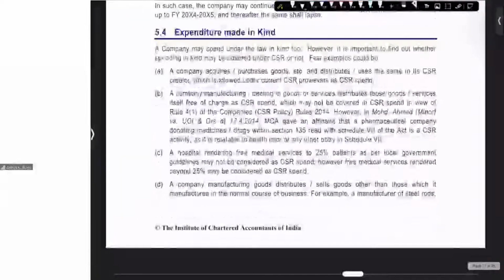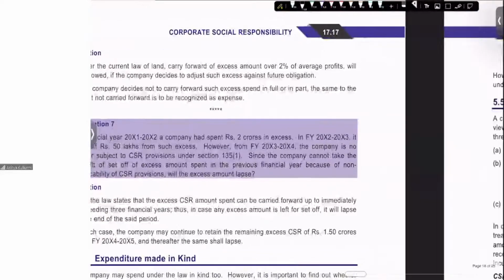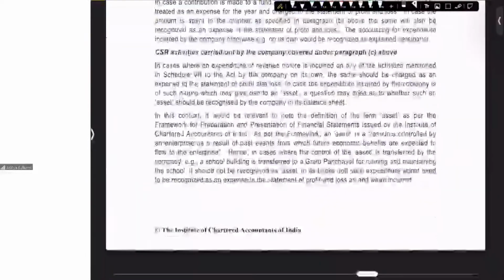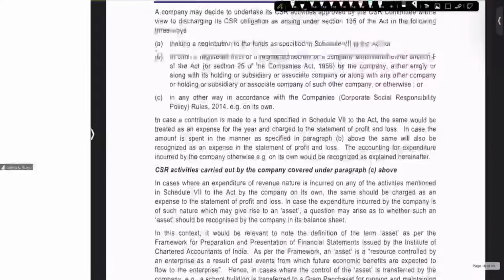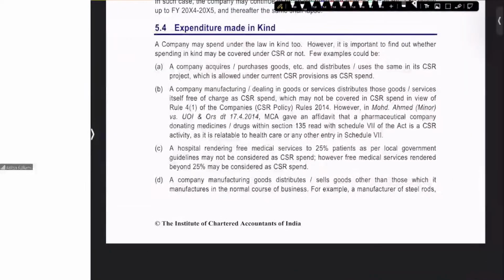Now, expenditures made in kind. Can you make expenditure in kind? There are some guidelines. That means goods.